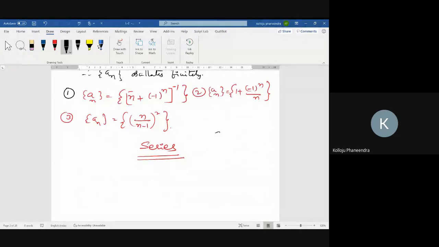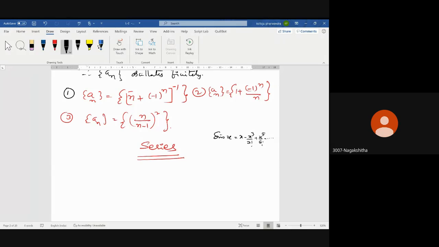Expansion of sin x: x minus x cubed by 3 factorial plus x power 5 by 5 factorial. What is your name? Nagakshita, sir. Nagakshita, how will you get this series?